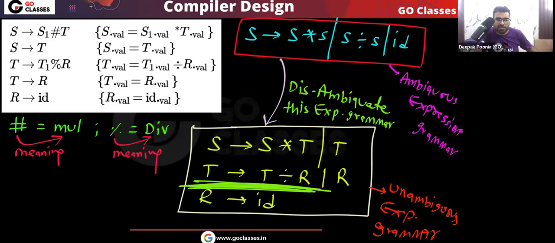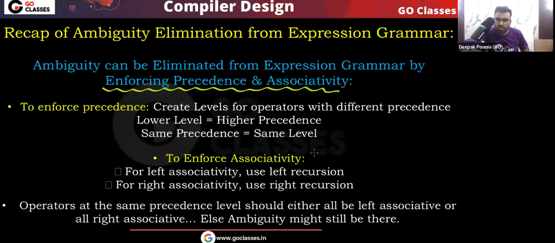Similarly, look at this production, T going to T divided by R. Here also T is calling T. This is also left recursion because this T is on the left side. So here this division is also left associative. Yes or no? So to enforce associativity, for left associativity, use left recursion. For right associativity, use right recursion.